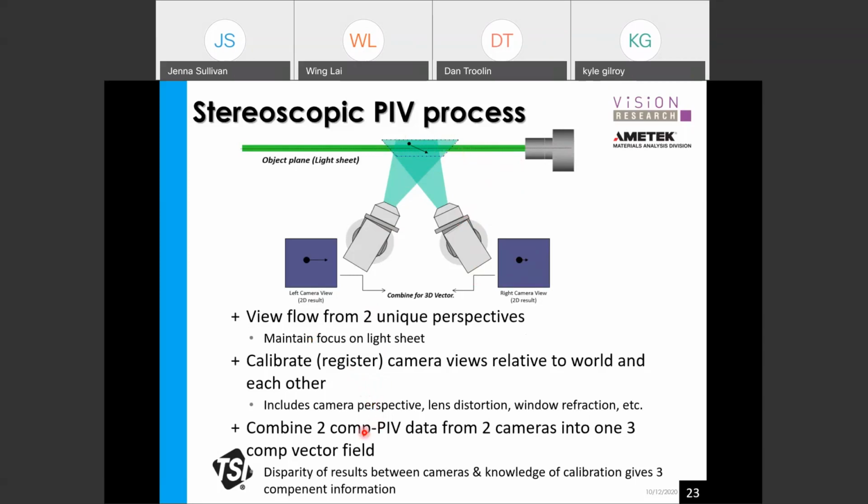So essentially, we are going to establish some kind of relationship between the camera's image and the image of the laser light sheet. By having these 2 pieces of information, we combine the information to actually calculate the velocity vectors in the W direction, which is in and out of the laser light sheet.